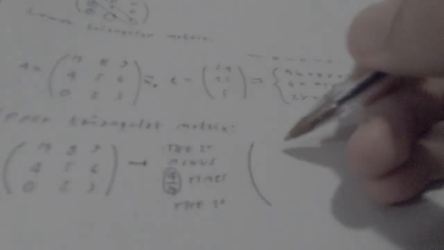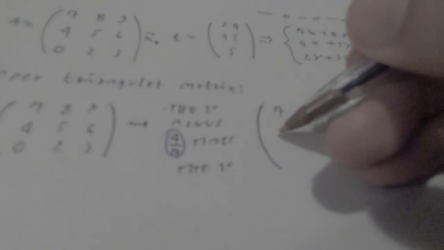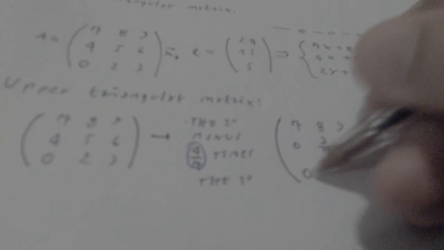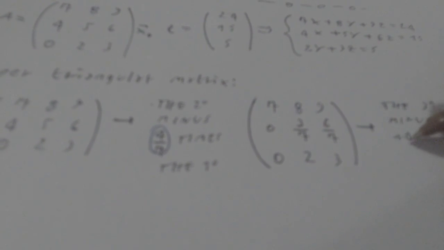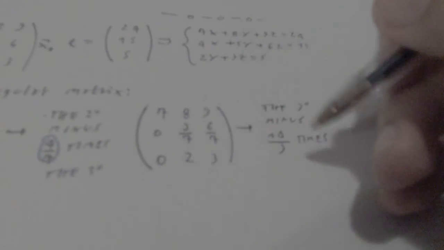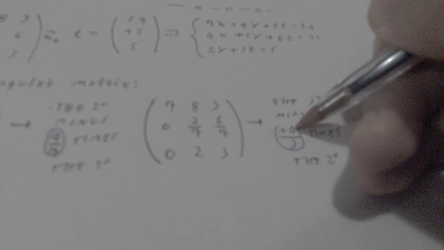So this row is going to stay the same, and this one is going to become 0, 3/7, 6/7, and then 0, 2, and 3. And then I'm going to do the third row minus 14/3 times the second one. It's going to be our next multiplicator.